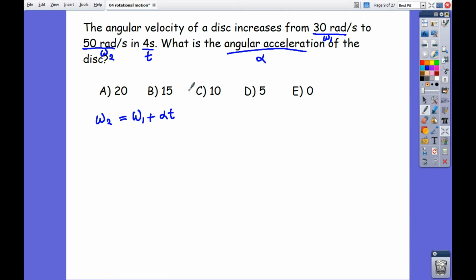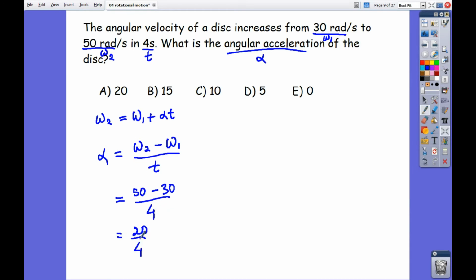We can definitely use this equation: alpha equal to final angular velocity subtracted by initial angular velocity over time. So we get 50 minus 30 over 4. 20 over 4 is 5 radians per second squared.